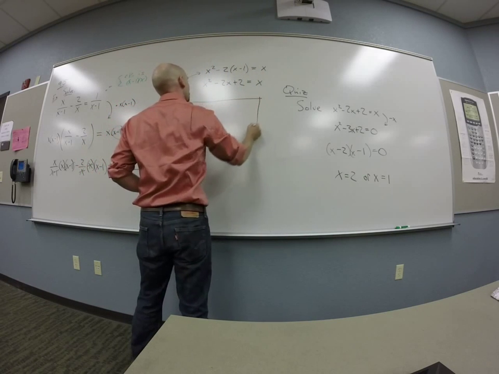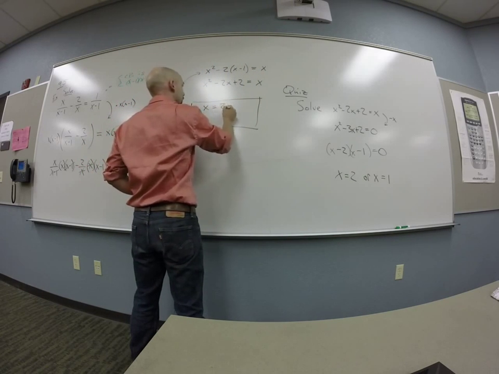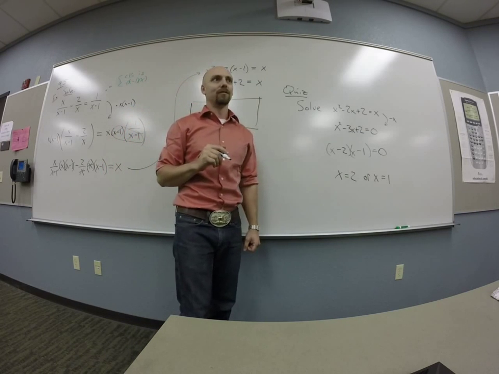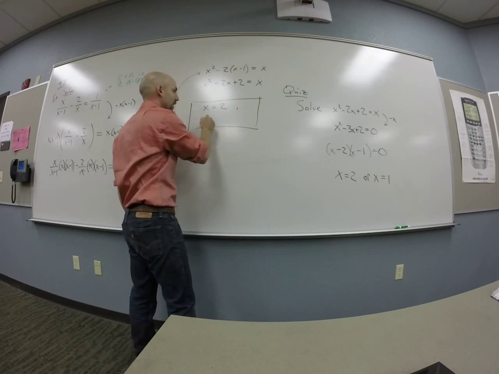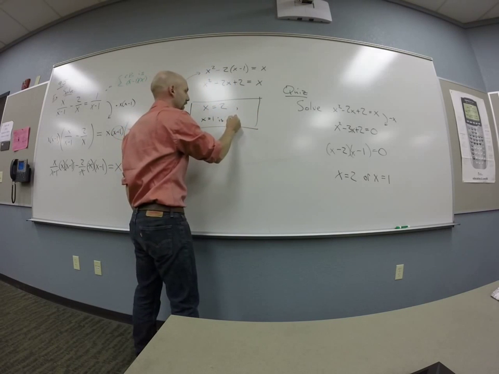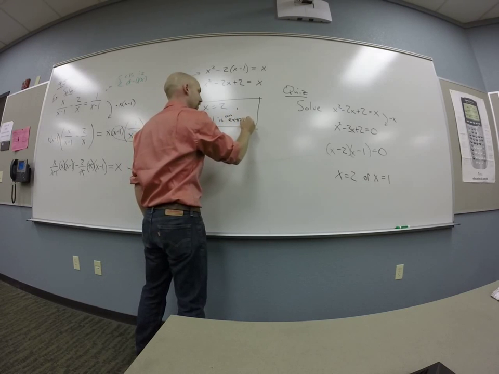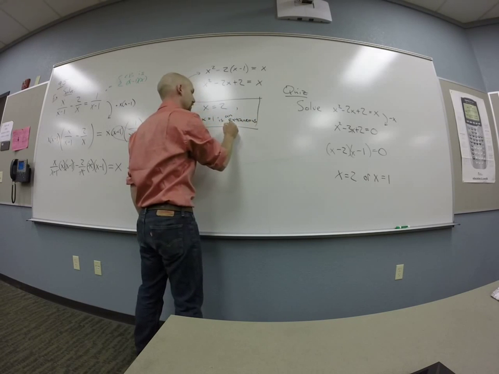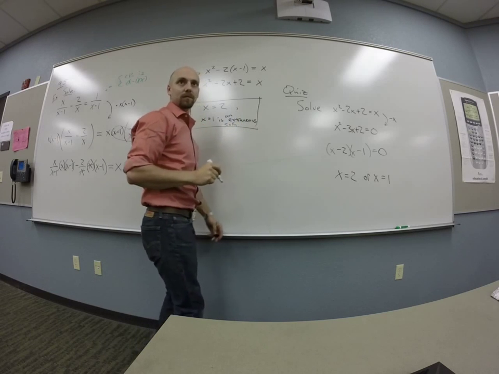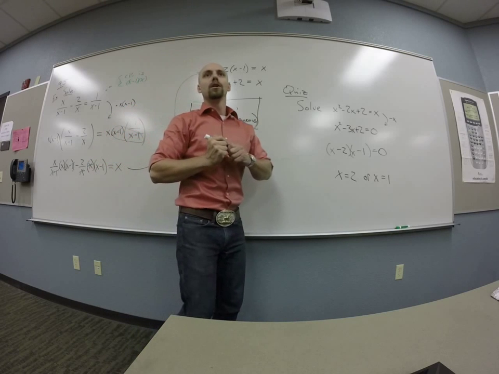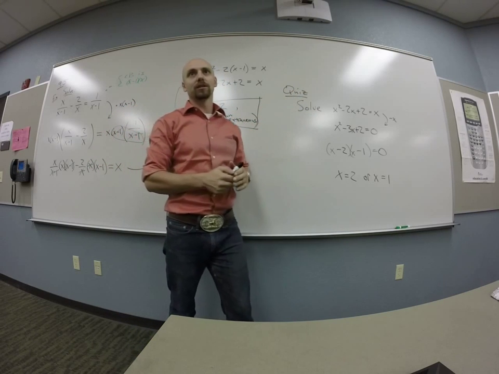So solving 9.5, x equals 2 is the solution. And x equals 1 is an extraneous solution. Okay, so let's grade the quiz.